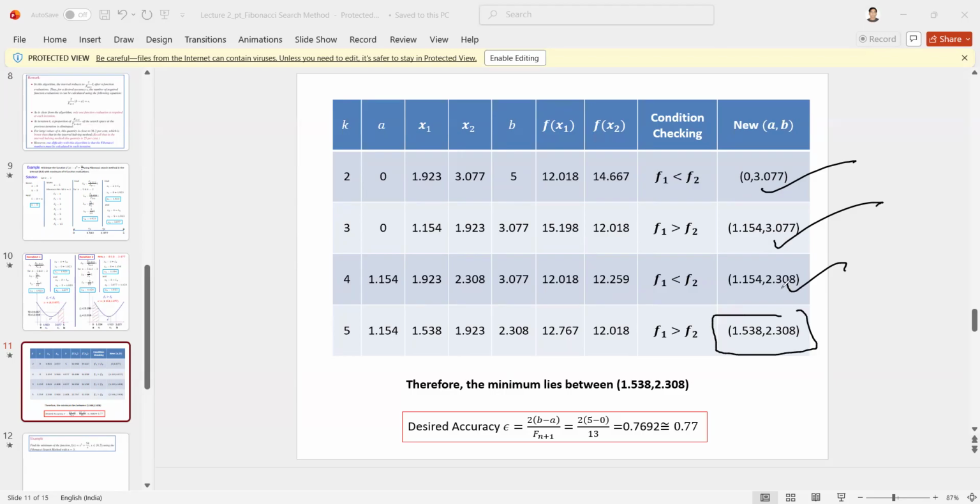But you got 1.9 something. And this is the same. But don't worry, some calculation mistake may be there. But you understood me, right? Yes. In the exam, write the whole thing in a table. First, write here K, updated value of A, B, x1, x2, fx1, and compare. Write like this. Then try the second question.